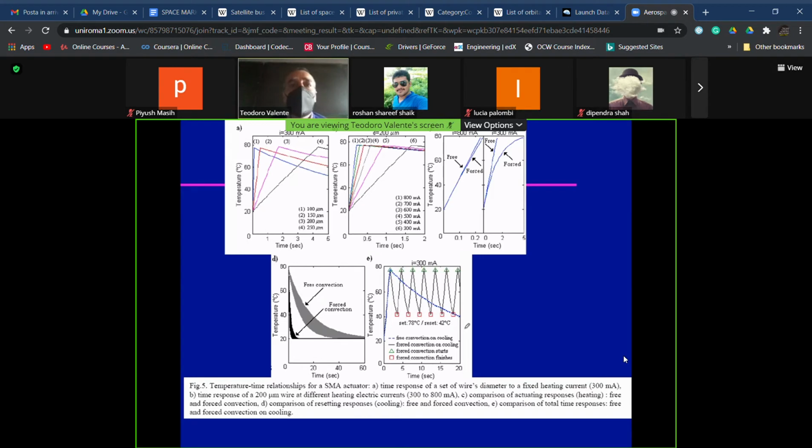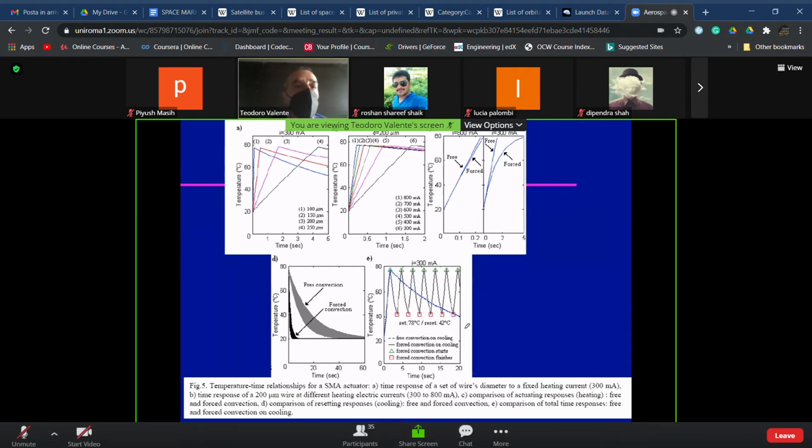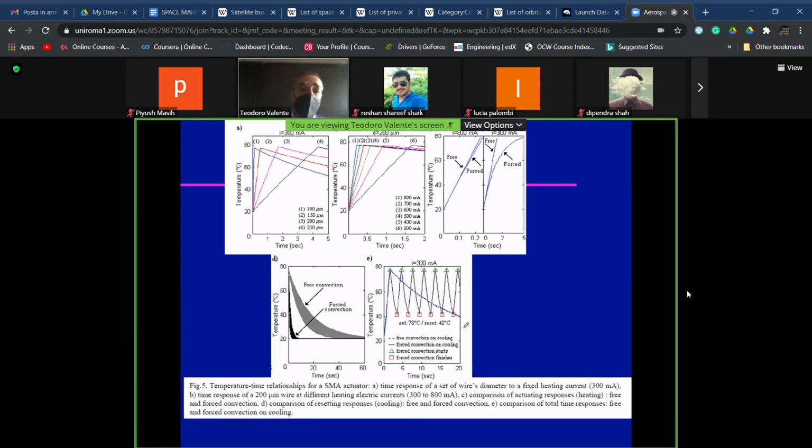Or you can use as a parameter not the diameter of the wire but, for a fixed diameter, the amount of current intensity. This is up to you. And we can model the heating phase and the cooling phase of the material.